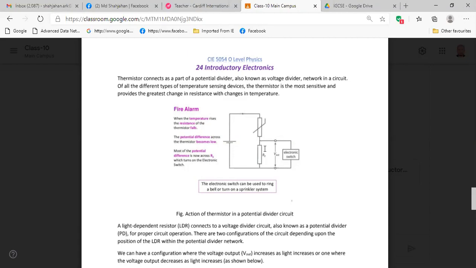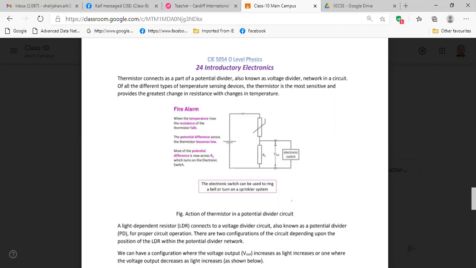Like here, we are giving 8 volt. So if the temperature increases, then you are saying resistance decreases. So if the resistance of this one decreases, the ratio of resistance is more here, so the voltage will be shared more here, according to the potential divider formula.